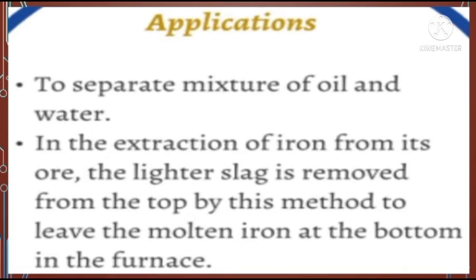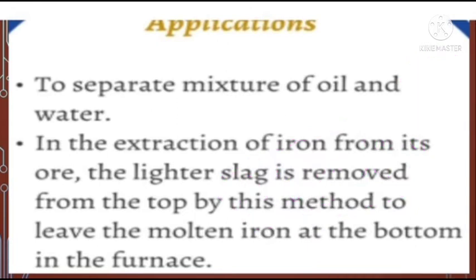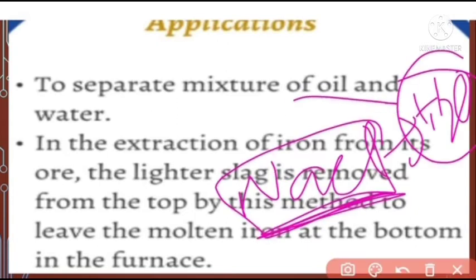Next, the applications of the decantation method. The decantation method is mainly used to separate a mixture of oil and water. This method is accompanied by filtration, so the oil and water are separated.